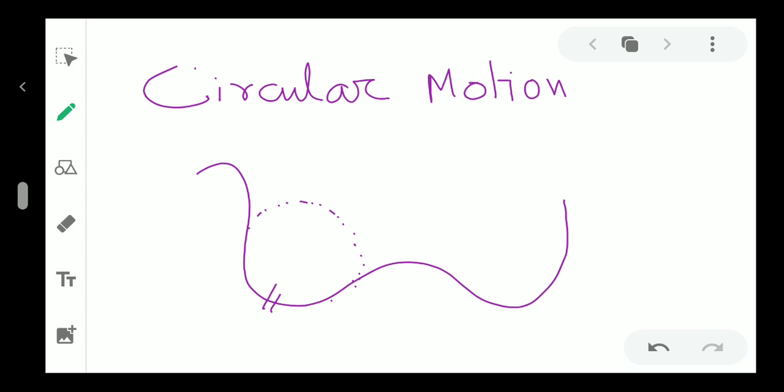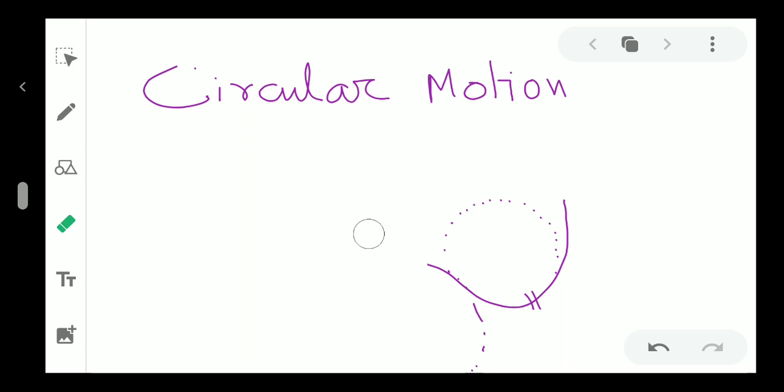For this one, you can say it is also a part of a bigger circle. For this one, also a part of some kind of curvature. So in that case also, this is nothing but a combination of this kind of motion.